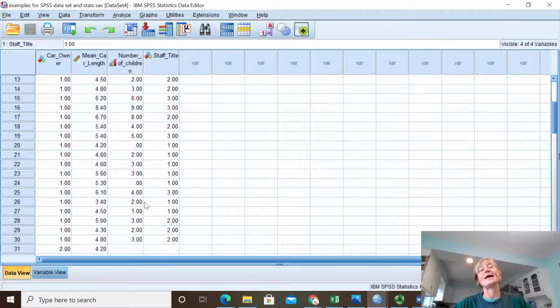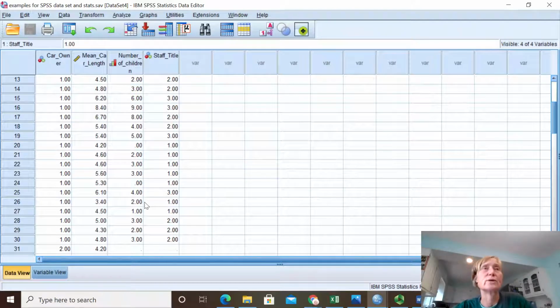So I have data. Now, the question is, is there a relationship between the number of children that an employee has and the length of the car that they have? It kind of makes sense, right? You'd expect people with more children to have bigger cars.